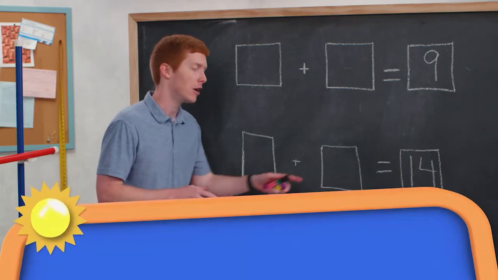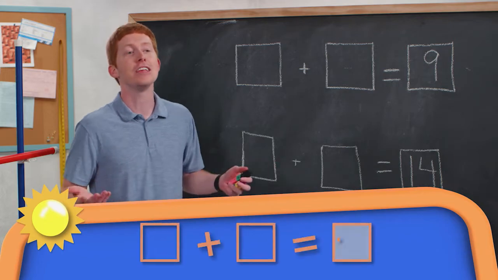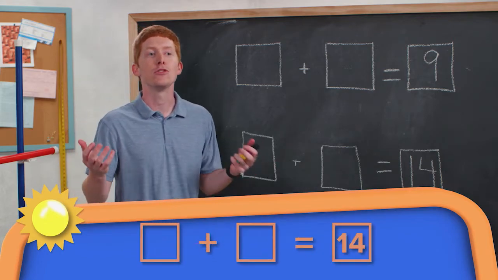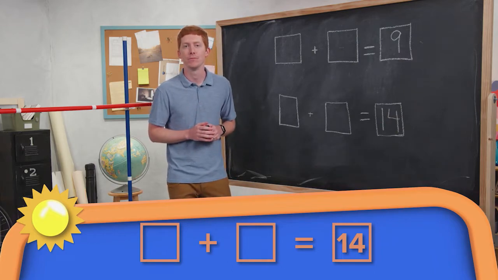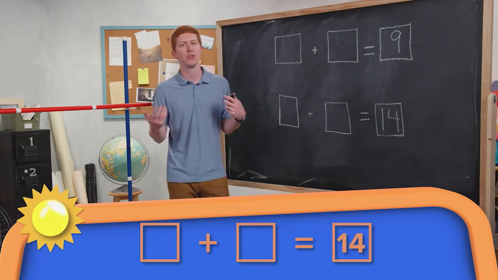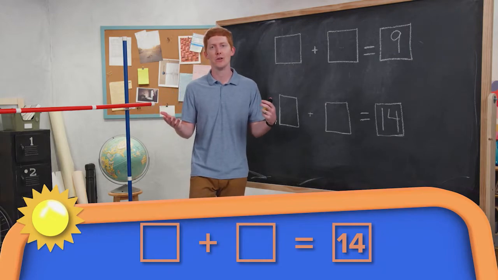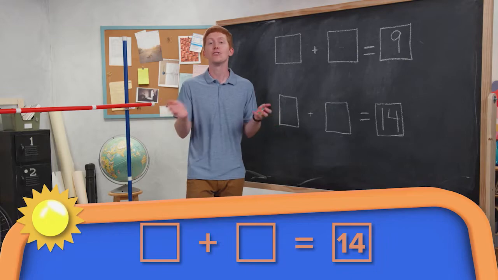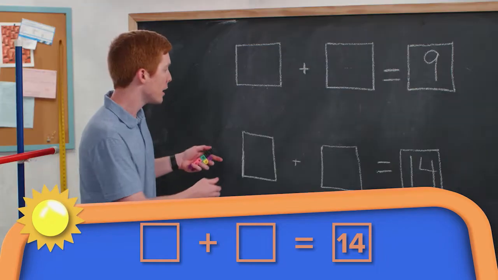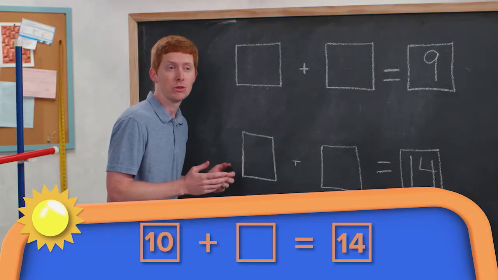Let's do one together. All right, let's say, hey, 14. 14's our answer. So can you think of two numbers that you could add together and get to 14? So I'm thinking through there. 14's a little bit bigger than 9, but I can do this. I know that 14 is made up of a 10 because it's greater than 10, right? So I could put 10 in my box to start off.